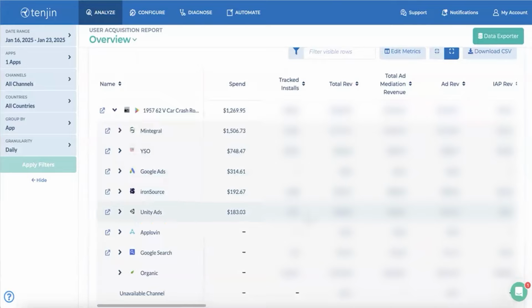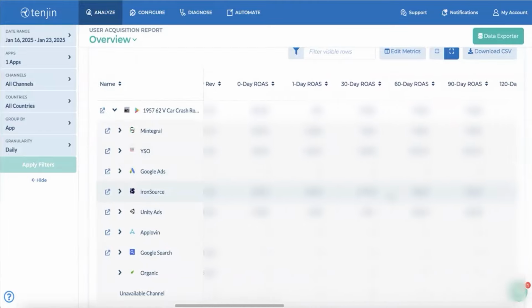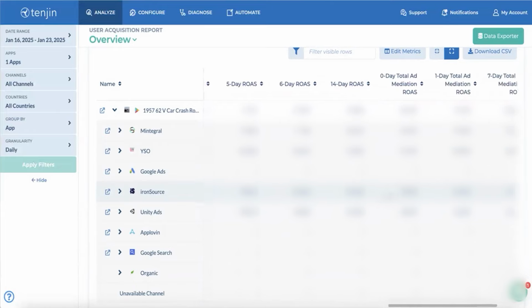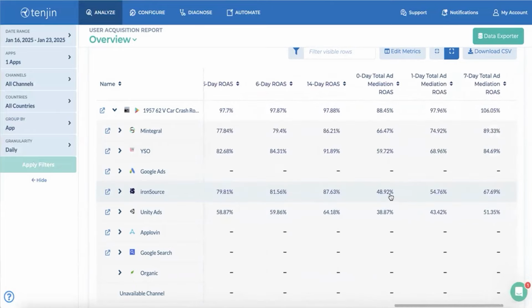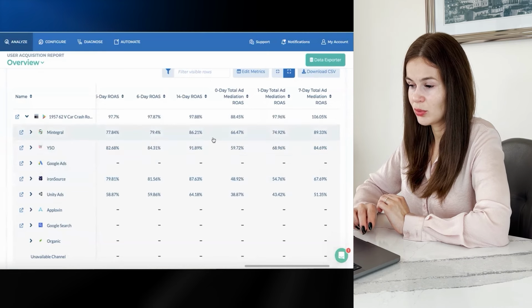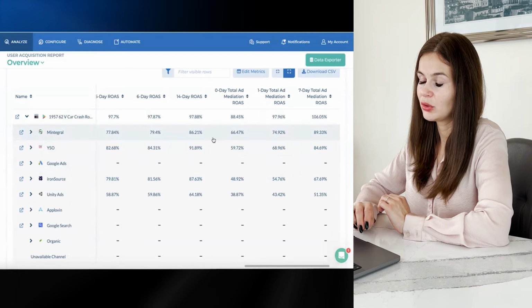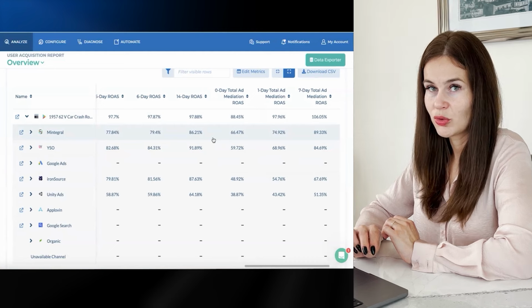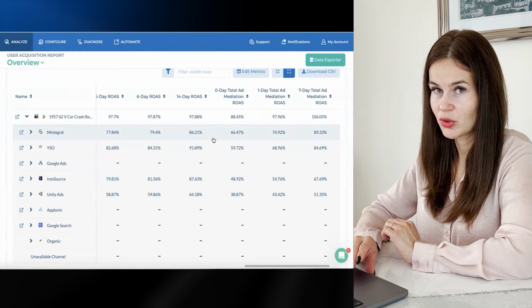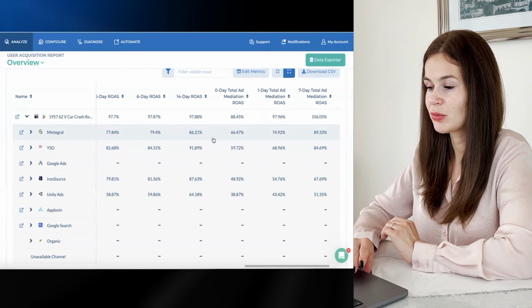First, let's focus on the ROAS goal for day 0, what each of these ad networks is generating. Just a reminder, in the previous video we went over the metrics. For this game, our target ROAS for day 0 is 62%. We analyze which networks are performing positively and which are falling short. Then, we will take a closer look at the advertising campaigns within each network and explore ways to optimize them.